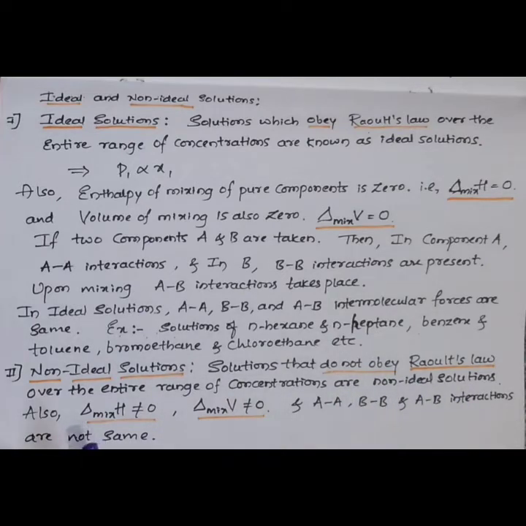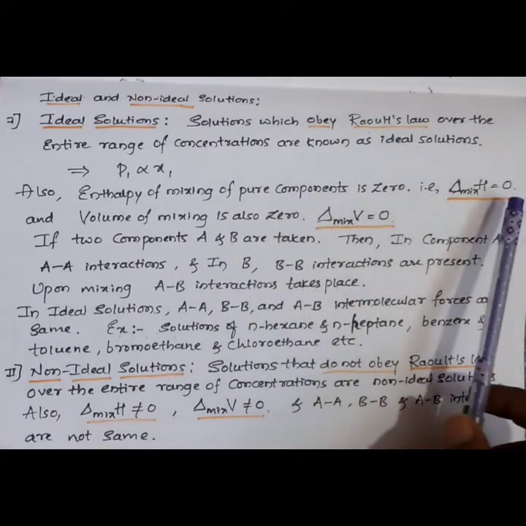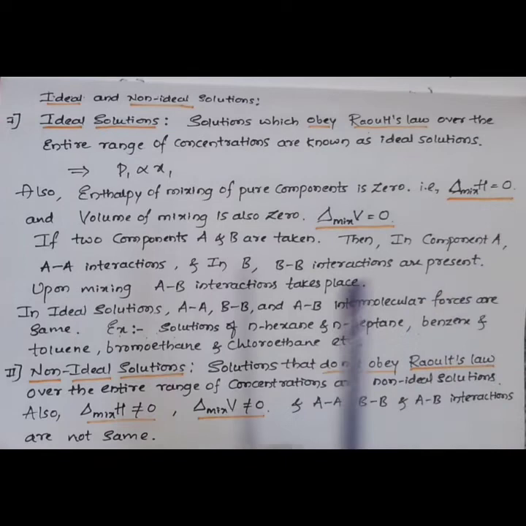Here, as opposed to ideal solutions where the enthalpy of mixing is 0, in non-ideal solutions the enthalpy of mixing is not equal to 0. That means either heat is released or absorbed upon mixing of two components, so the process of mixing is either exothermic or endothermic.